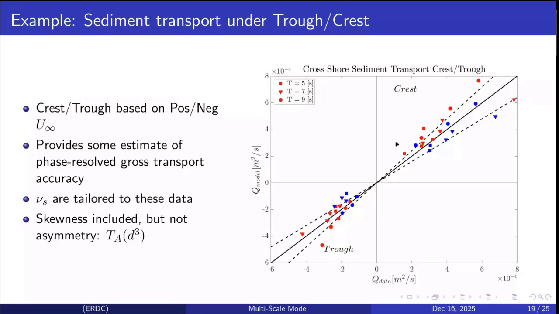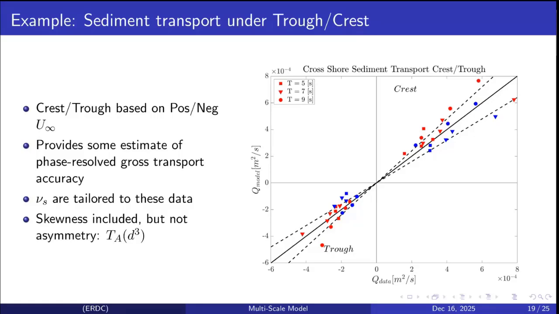So I'm fairly happy with this, and this is a way of determining whether or not we're doing the phase resolved gross transport accurately. I'll point out that the coefficients that go into the sediment diffusivity are being tailored to match these data, well, these data and the time averaged one.